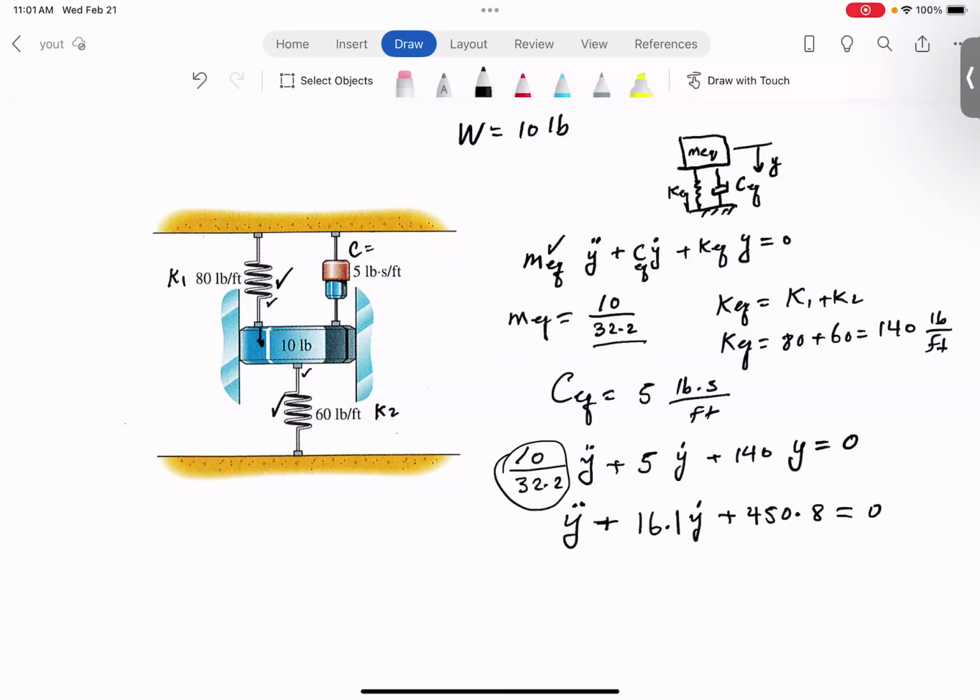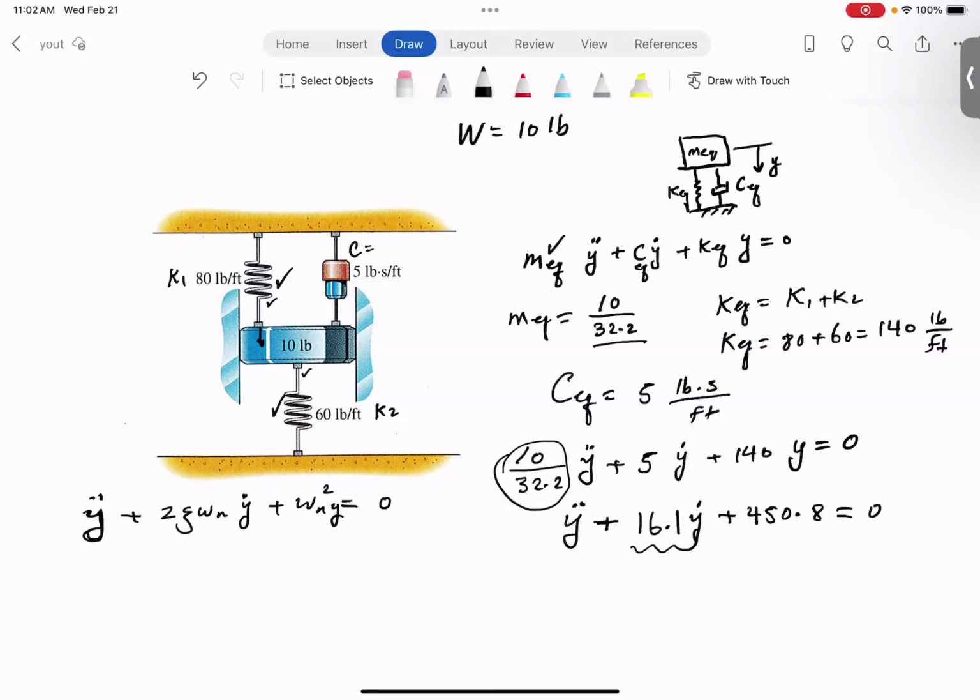So you see, the general equation can also be written in terms of properties like natural frequency and the damping ratio. The differential equation, either in terms of y or x, doesn't matter, can be written like this: y double dot plus 2 zeta omega n y dot plus omega n squared y equals 0.